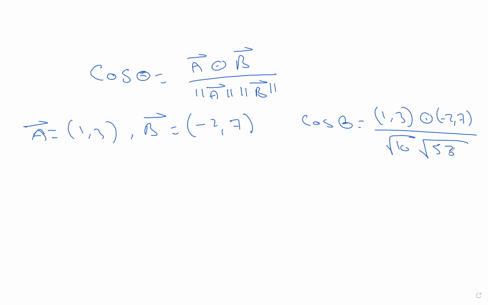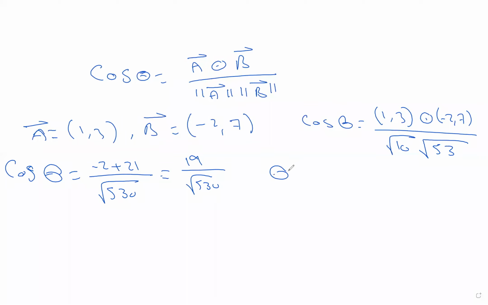From this we can find theta. Cosine theta equals -2 plus 21 divided by root of 530, which equals 19 over root of 530, then theta equals cosine inverse of the answer.